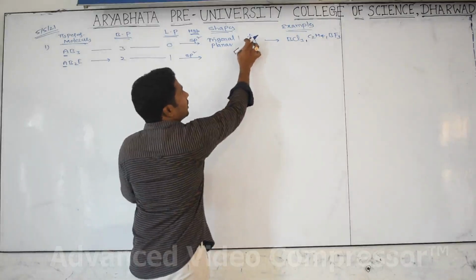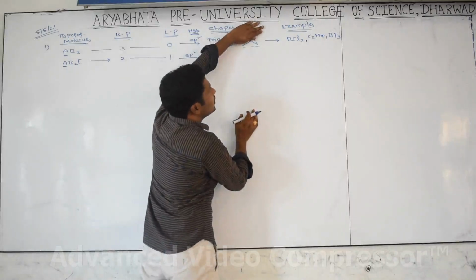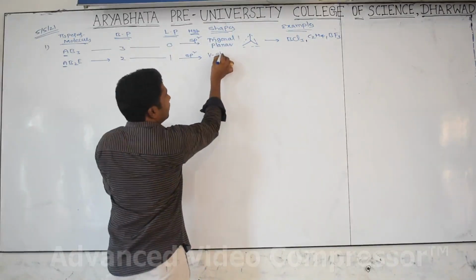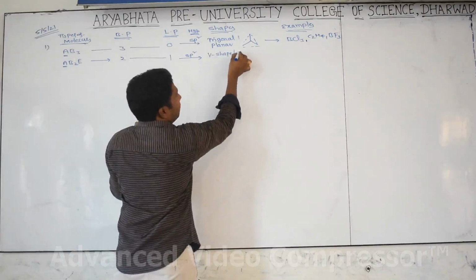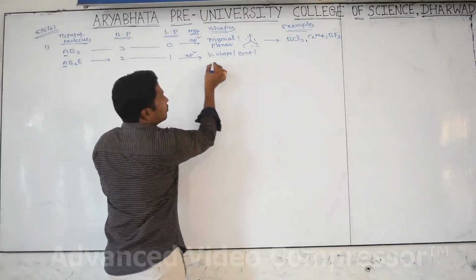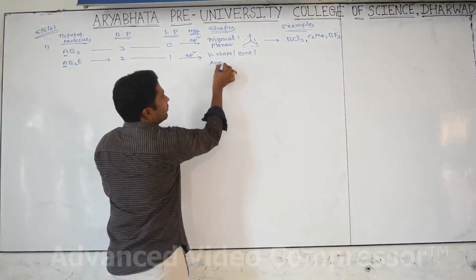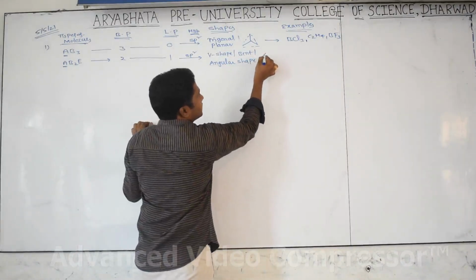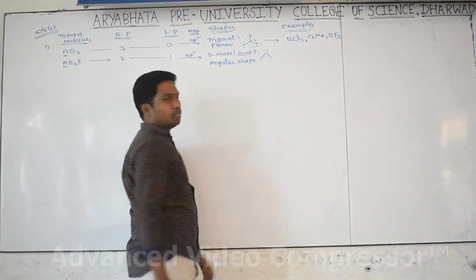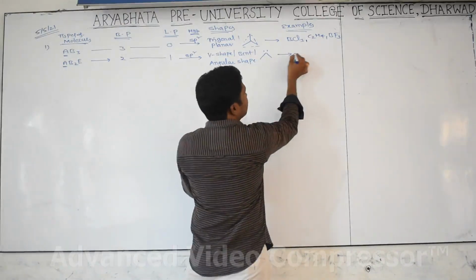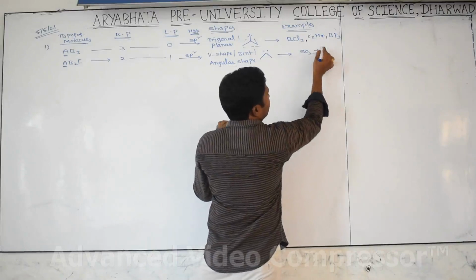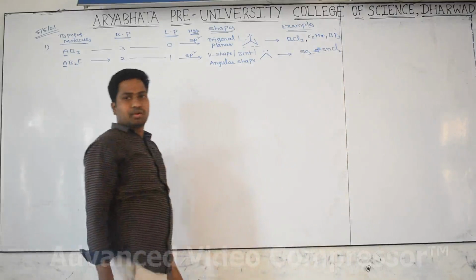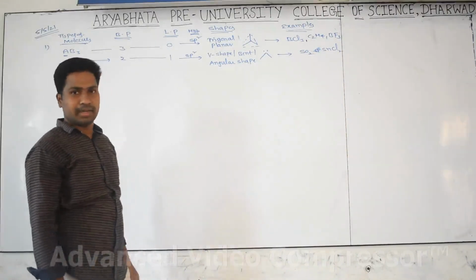After cutting one bond, what shape are you getting? A V shape, also called bent shape, also called angular shape. Angular shape is shown as two bond pairs and one lone pair. Can I give you an example? SO2 molecule and SnCl2 molecule, stannous chloride. You can apply the formula and you will get it.